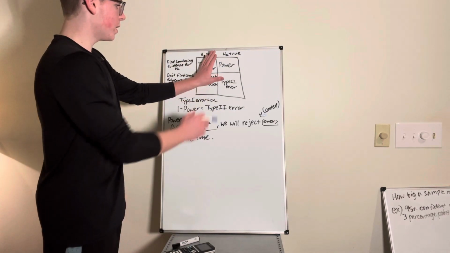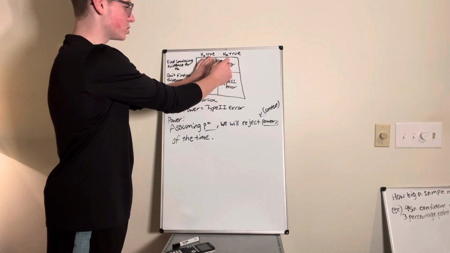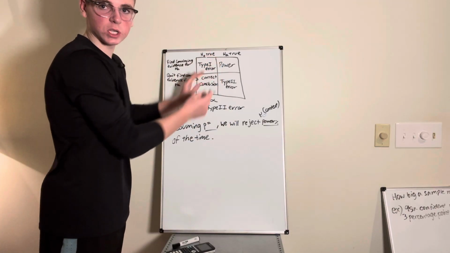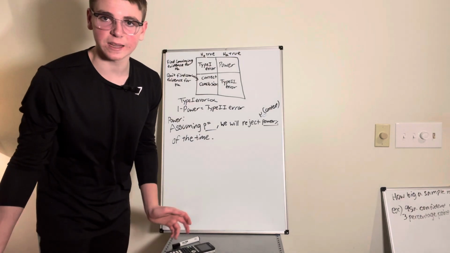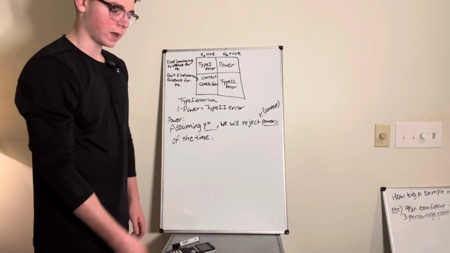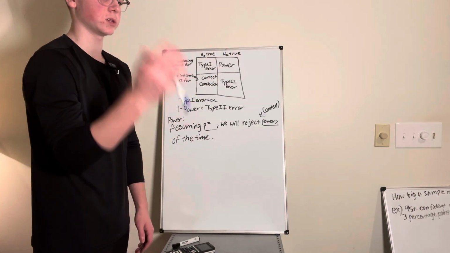So between power and type 2 error, when HA is true, one of them happens 100% of the time. So if power is 20%, then you know that the other 80% of the time you're going to make a type 2 error and fail to reject H0 when HA is true.